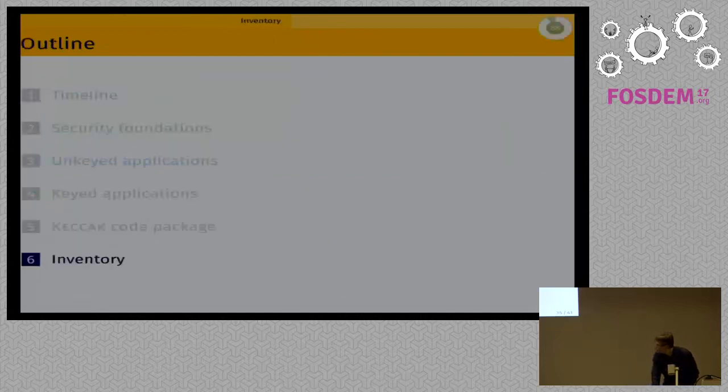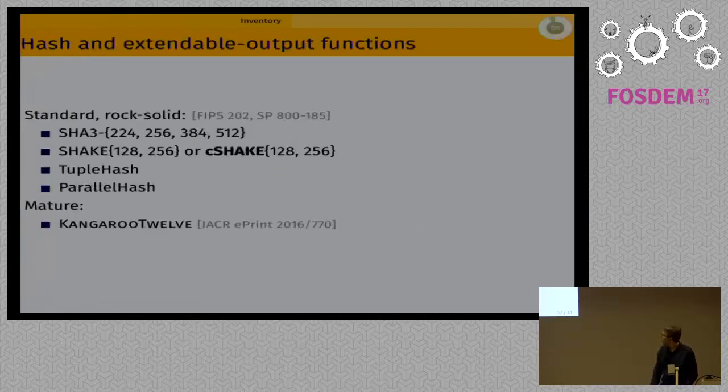Okay, so I will recap on what I mentioned before with some inventory. For hash functions and extendable output functions, so the generalization of hash functions to any output size, we have some standard rock-solid instances, so the SHA-3 instances, the SHAKE from FIPS 202, and then the generalization of SHAKE with cSHAKE in the latest standard.